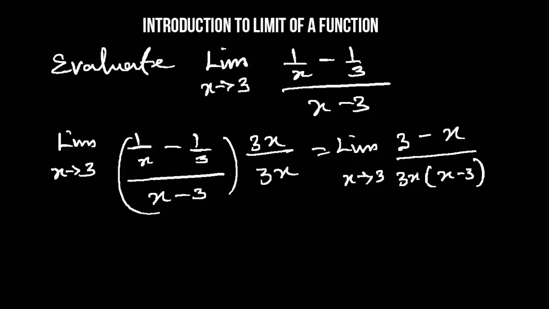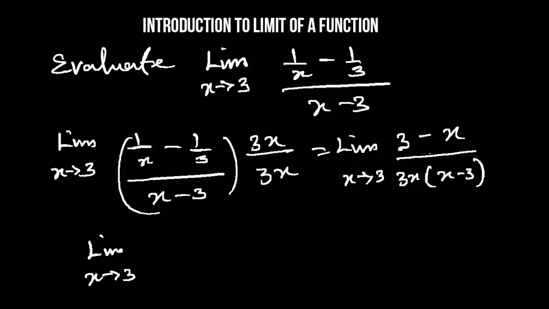Now, how do we go on? We want to try to cancel what we have at the numerator. But if you look at the numerator and the denominator, you get to see that this is 3 minus x and this is x minus 3. So how do we go about it? Very simple. We can factorize out a negative sign, so I have negative (x minus 3).